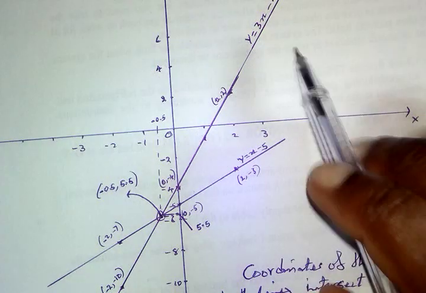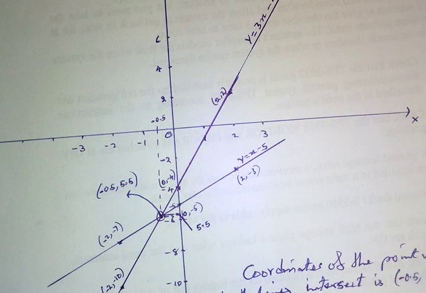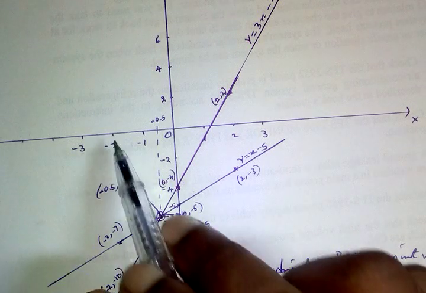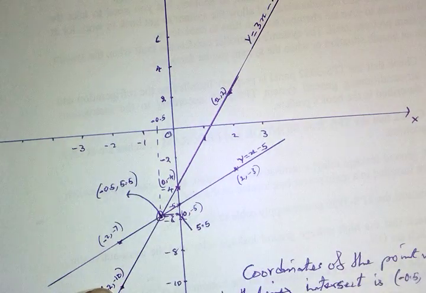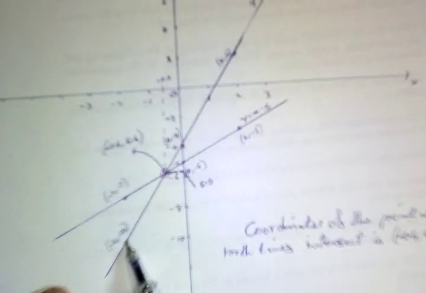The first point I plotted is minus 2 and minus 10. On the x-axis, minus 2. From there, I trace it down, and then minus 10 on the y-axis, I trace it across. That gives me my first point here.